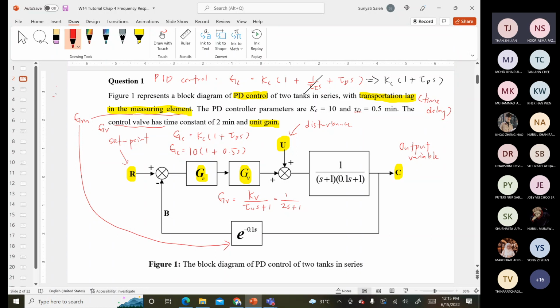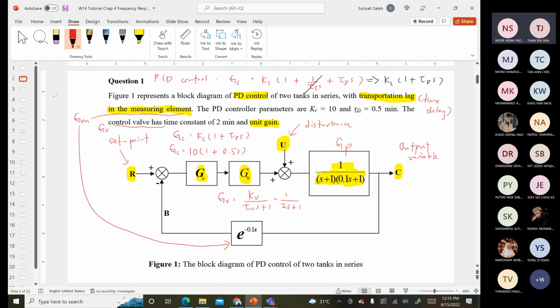So we have the GC, we have the GV, we have the GM. The remaining part, in this case, you have 1 over s plus 1 and then 0.1 s plus 1. So automatically this one should be your GP. So you have the GP given in the block diagram.